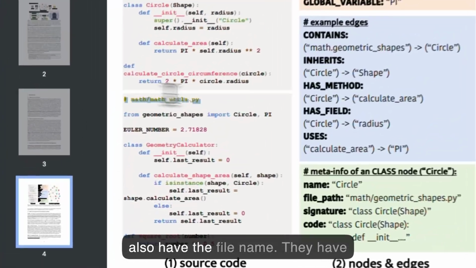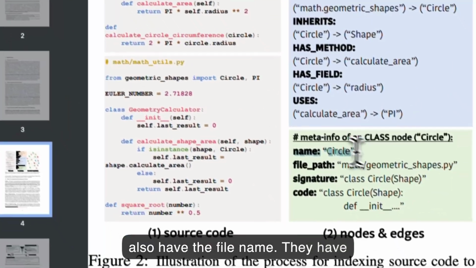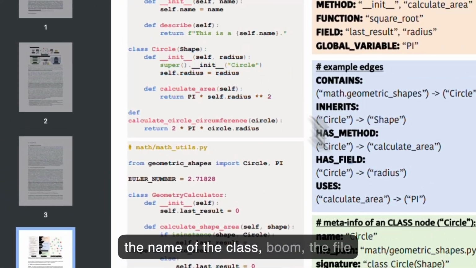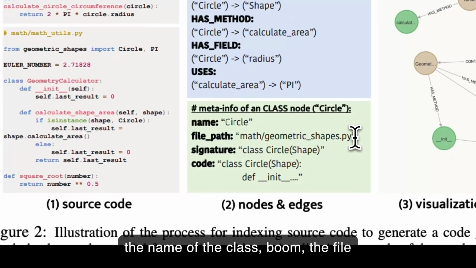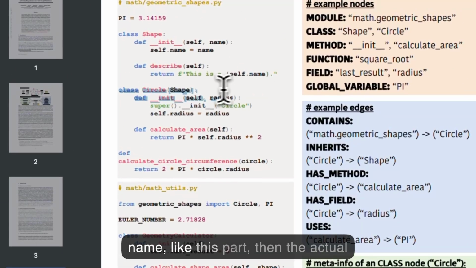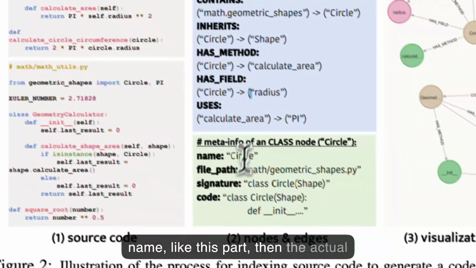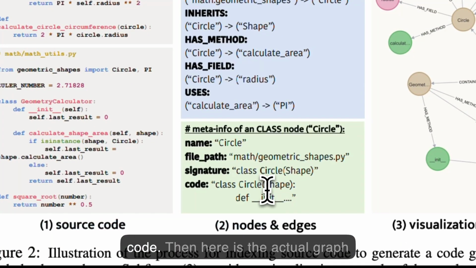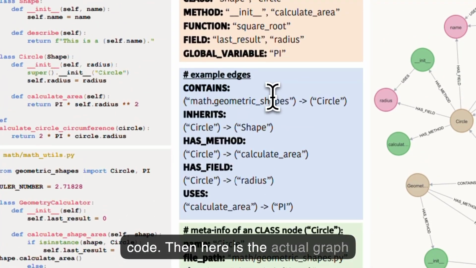They also have the file name. They have the name of the class, the file path, the signature, which is the name, like this part, then the actual code.